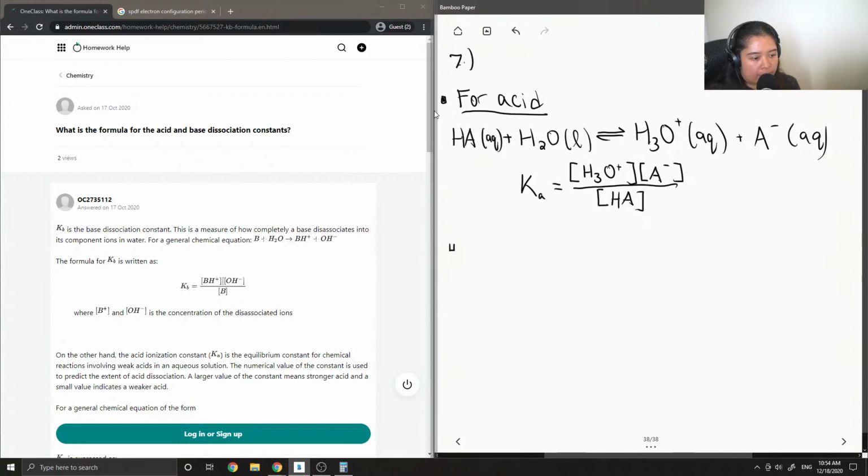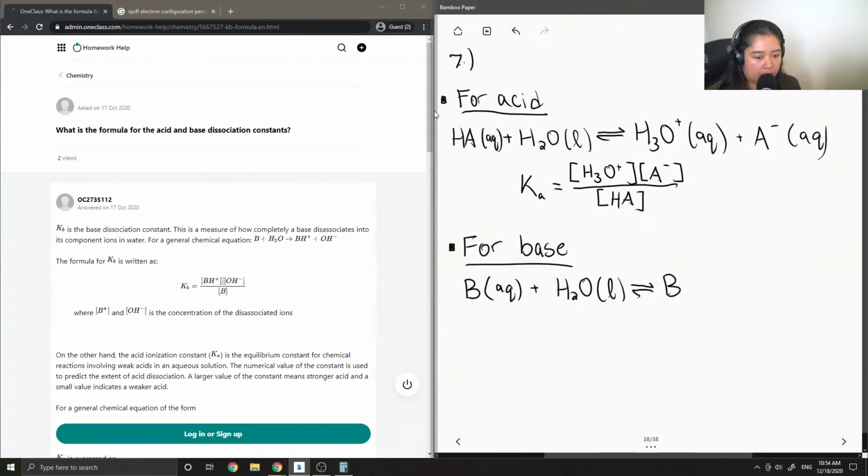And now we can do something similar for the base. So let's say we had a base B. When it dissociates in water, it gains a proton and becomes BH plus and OH minus.